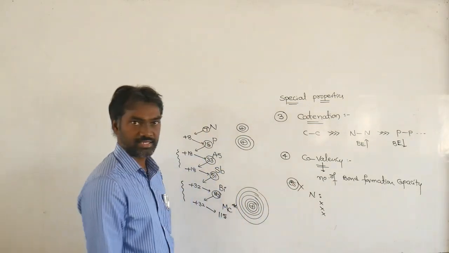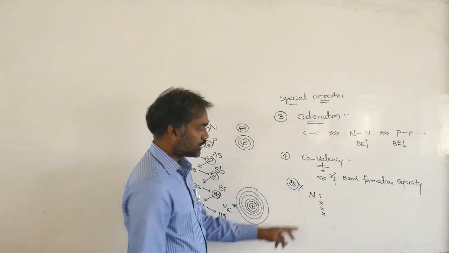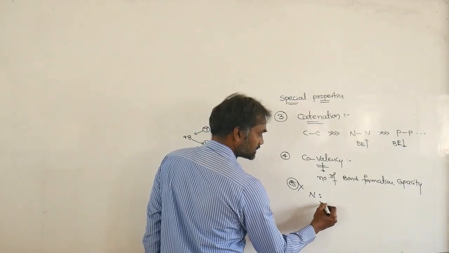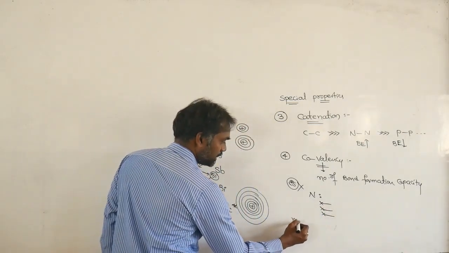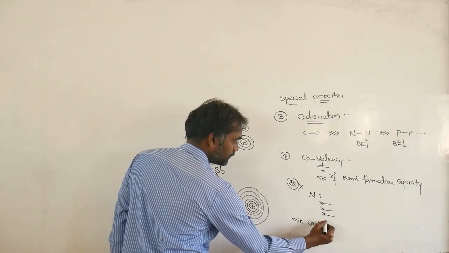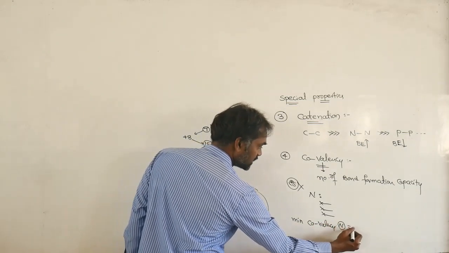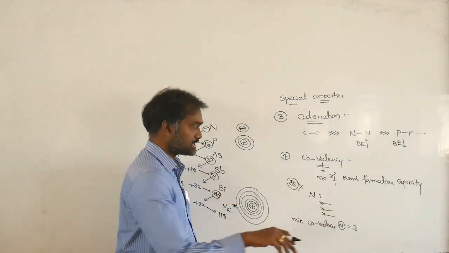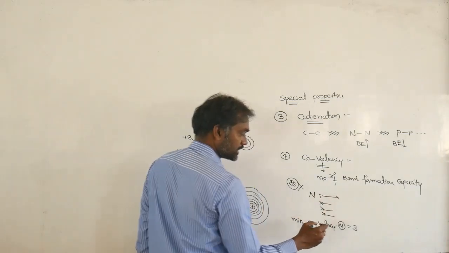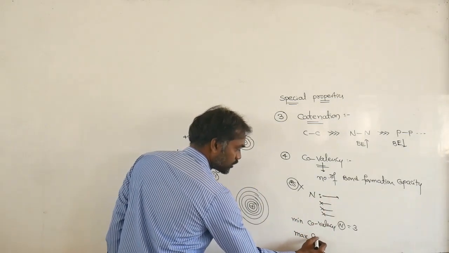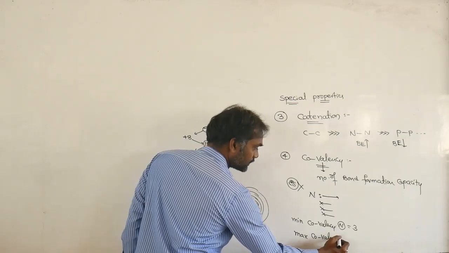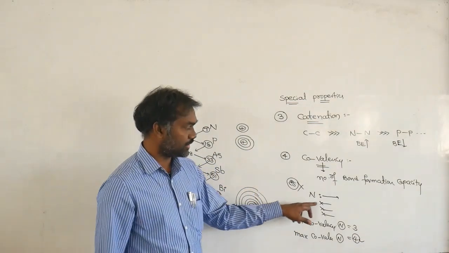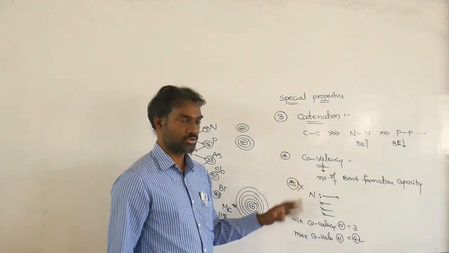Nitrogen has one lone pair and 3 single electrons, so the 3 electrons form 3 bonds minimum. So the minimum covalency of nitrogen is 3. Next, the lone pair can also be donated to another atom. That is why the maximum covalency of nitrogen is 4 only: 3 direct bonds and 1 donated lone pair.